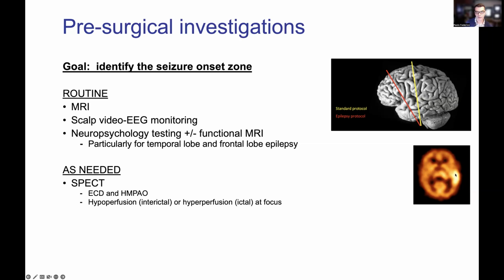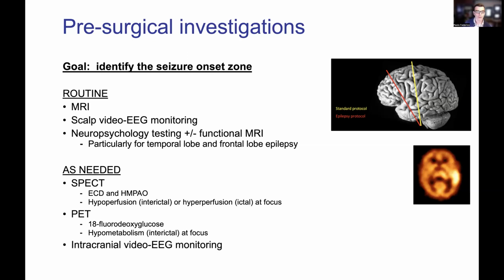This patient had left temporal lobe epilepsy with an ictal SPECT. We can also perform positron emission tomography using 18-fluorodeoxyglucose, which measures brain metabolism, and we can sometimes see hypometabolism at the seizure onset zone.